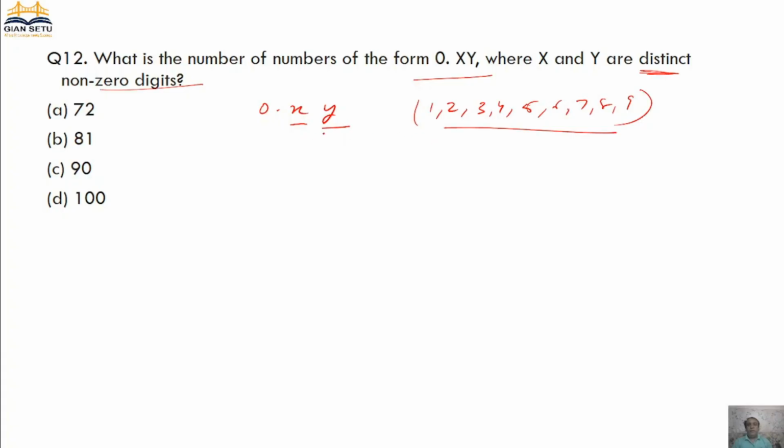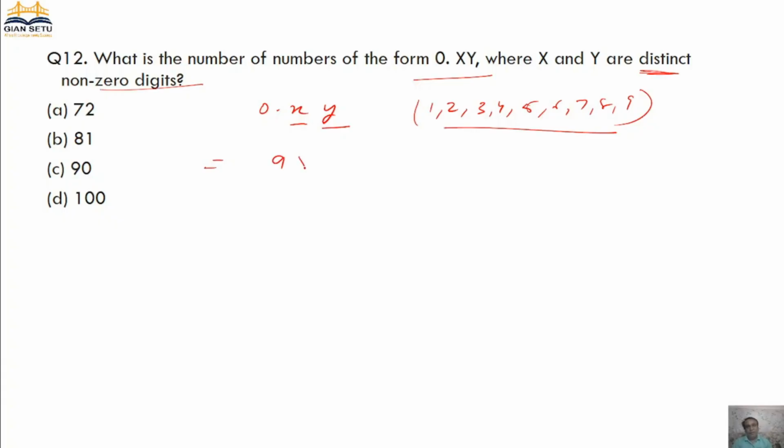Okay. So we have two positions and 9 digits, right? So how many possibilities can we have? Suppose we select one digit for x.